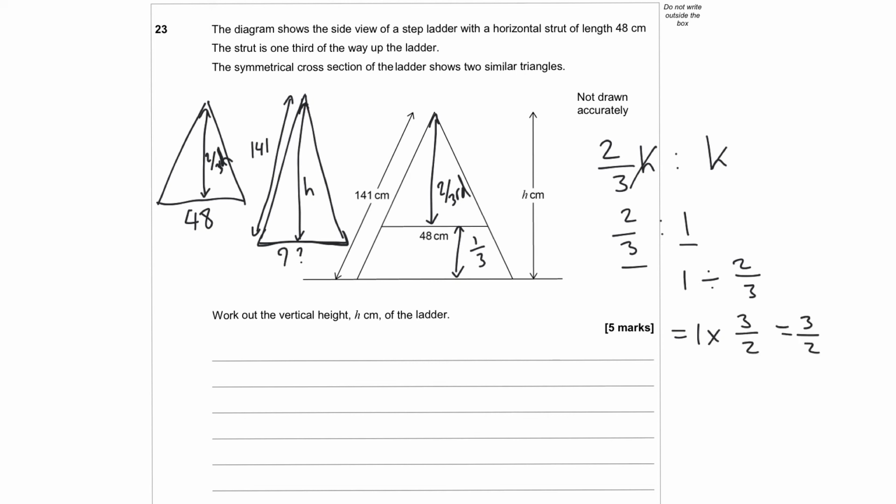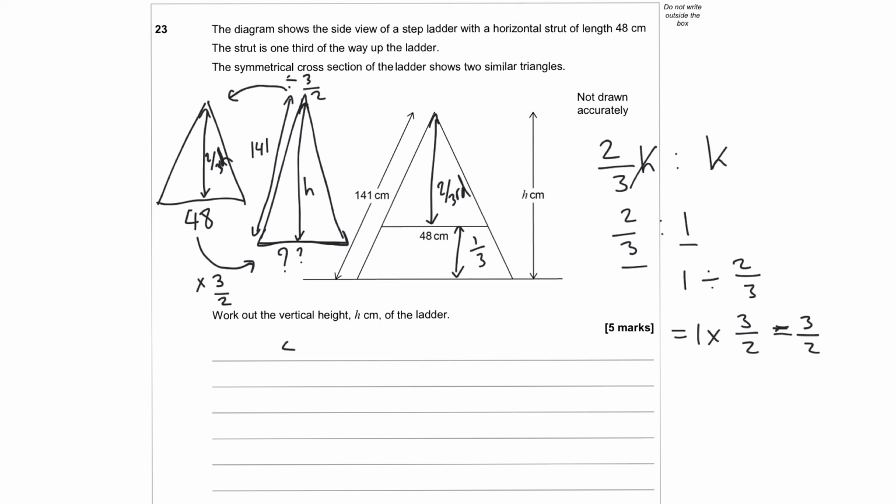So now in order to work out this bigger length, to go from the smaller length to the bigger length, we would need to times by 3/2, because you want to go from smaller to bigger. The other way around, you would divide by 3/2.